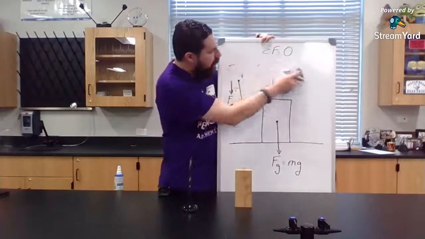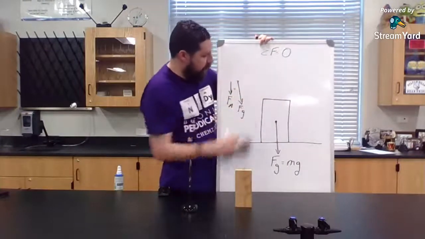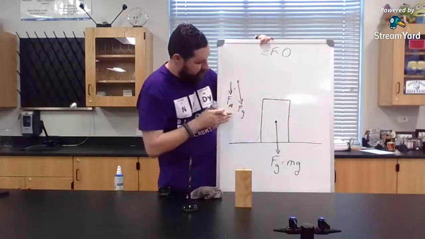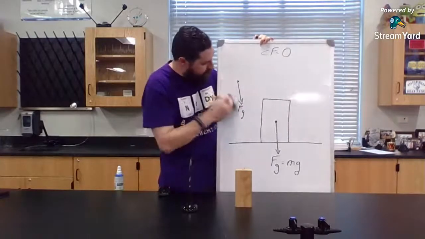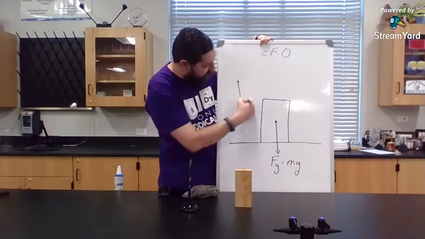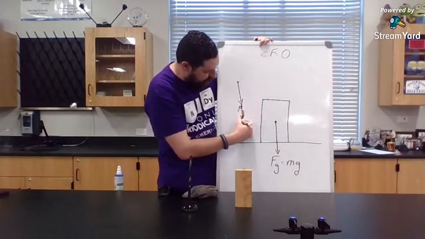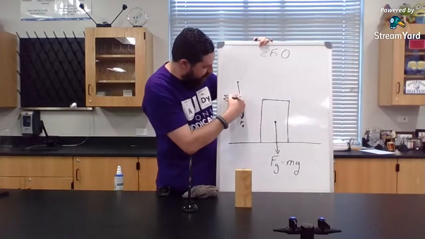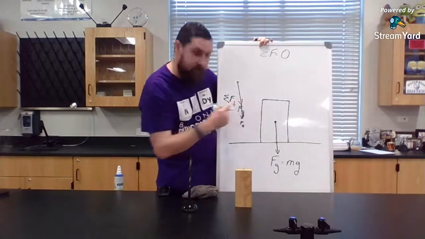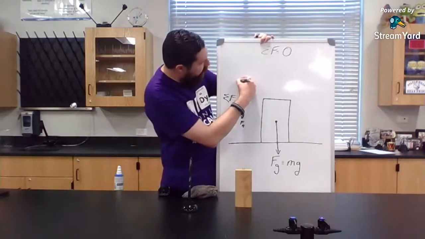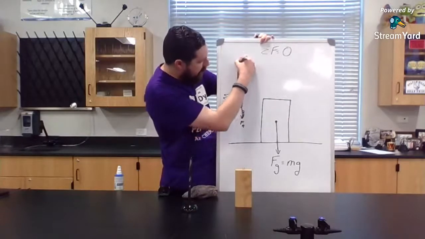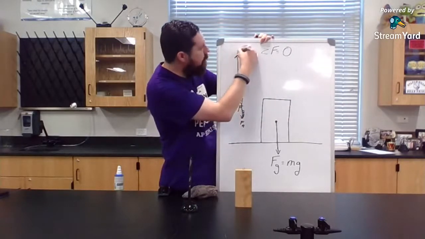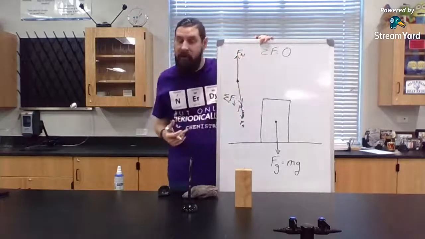As I draw out my force normal now, if I take into account force of gravity plus that force applied, I'm just going to draw it directly on top of it. So I now have my net force downwards, and my force normal has to increase to counteract it.